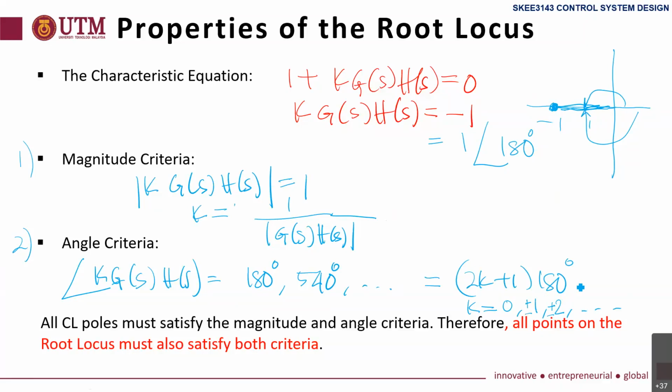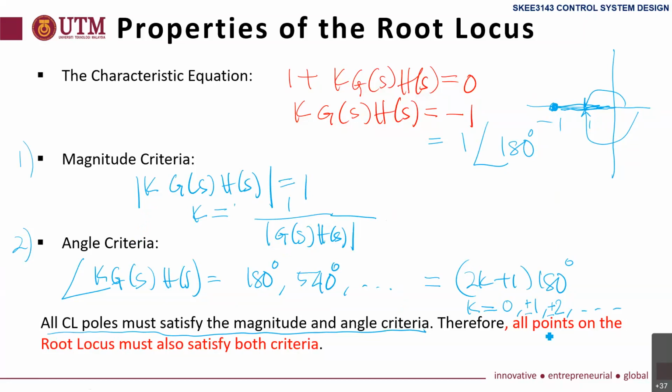We start with the characteristic equation. We solve it equal to minus 1. Then we say it can be represented in two ways, and we separate it into magnitude and angle criteria. That means all closed loop poles must satisfy the magnitude and angle criteria, because they come from the characteristic equation.